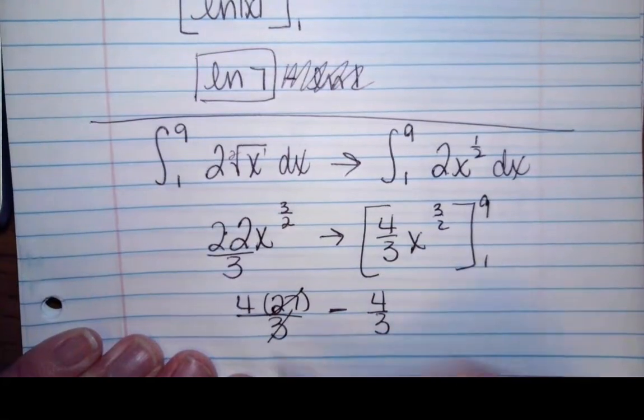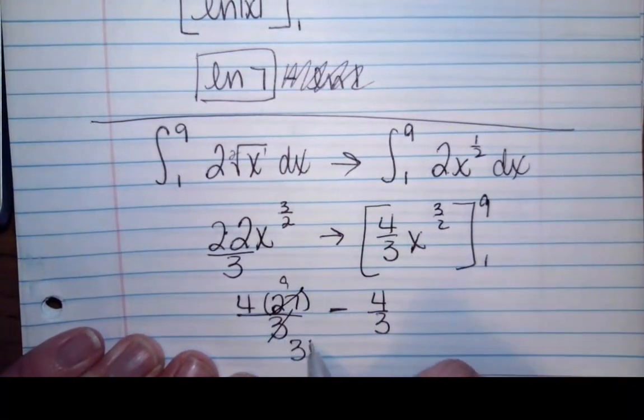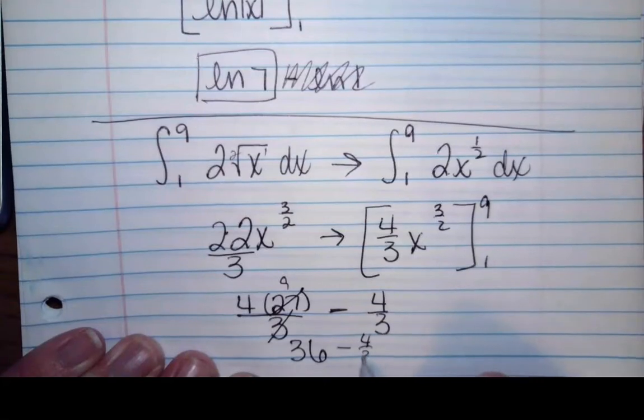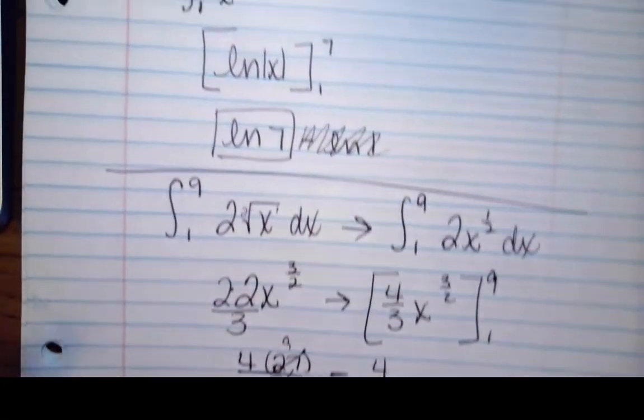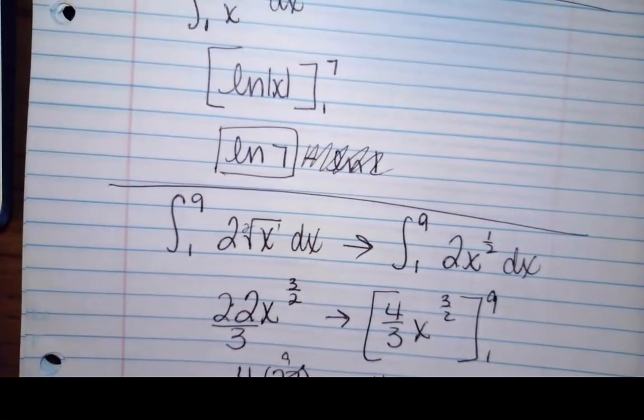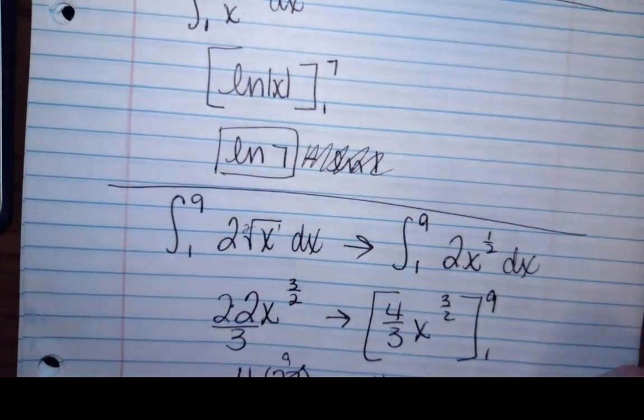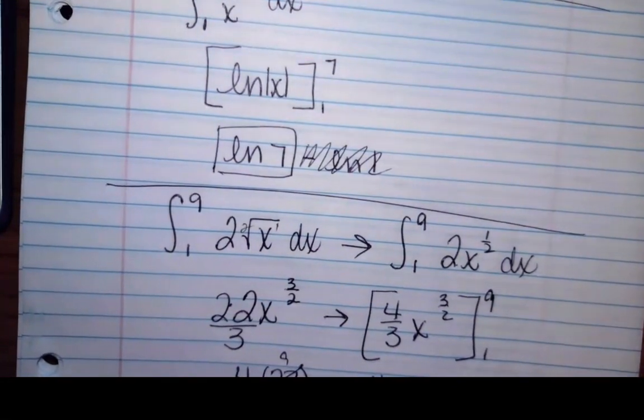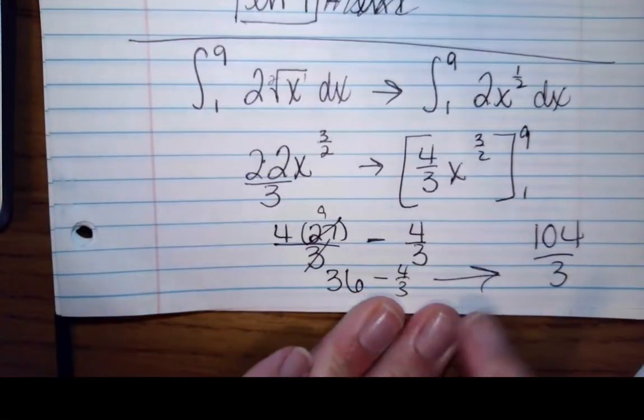So this reduces to 36 minus 4 thirds. And then getting a common denominator, because I don't feel like it, is going to be math, enter, enter, and I get 104 thirds. Okay, so 104 over 3.